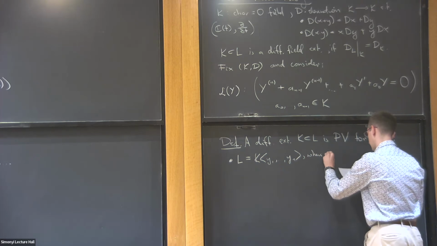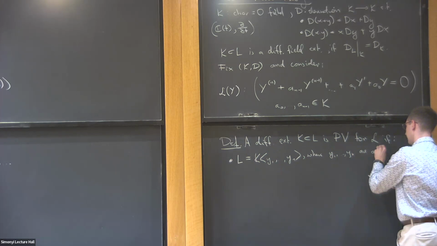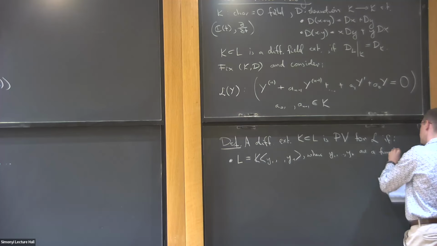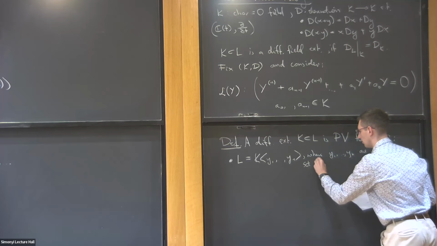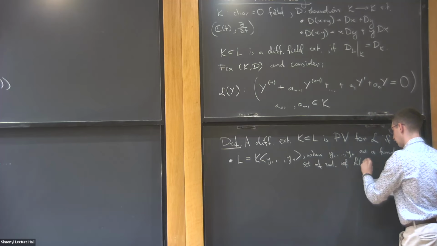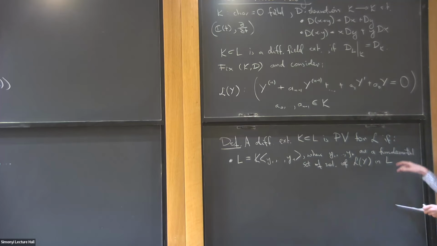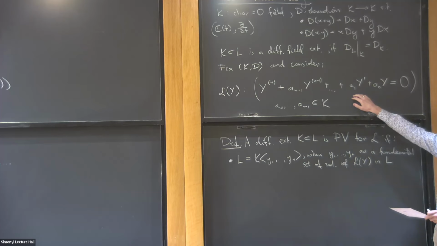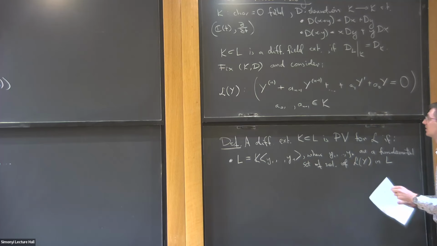Where y_1 up to y_n are a fundamental set of solutions of L of y in this bigger field. Fundamental set of solutions means that solutions of these equations in any differential field form a vector space over the constants.